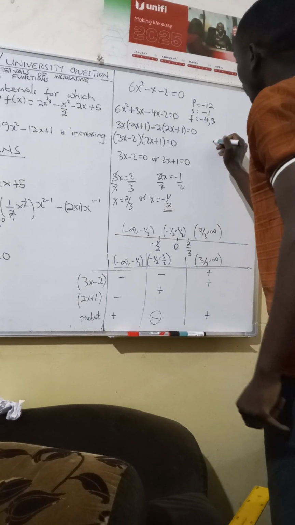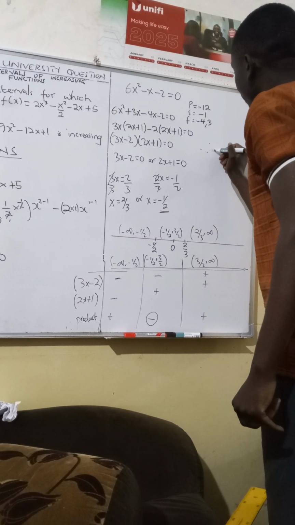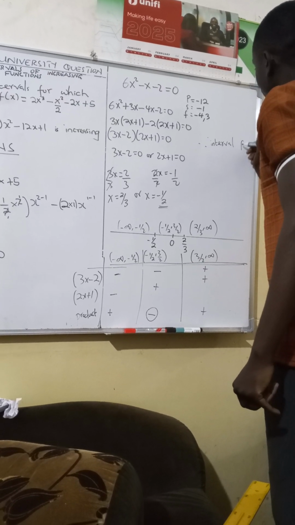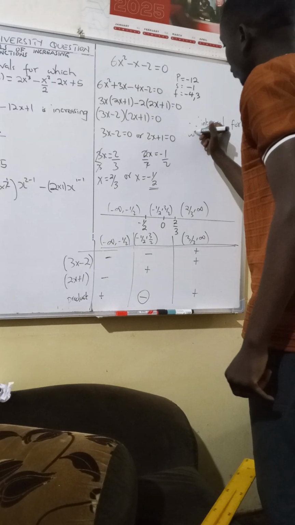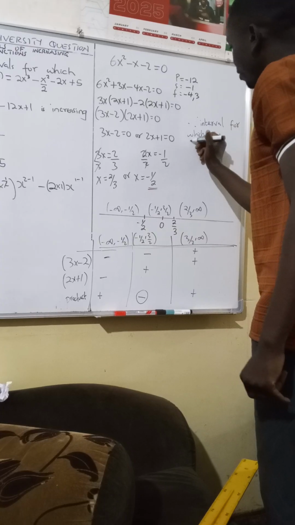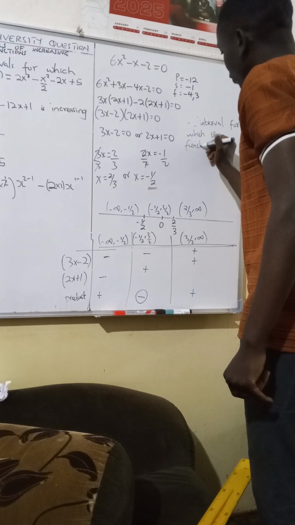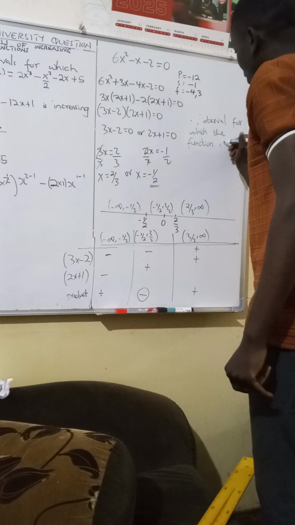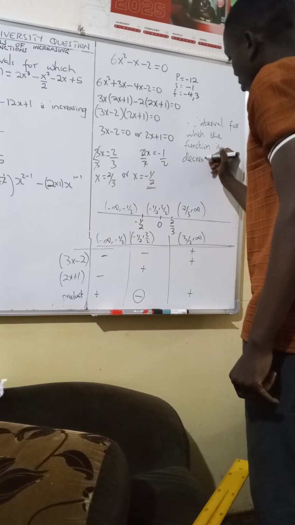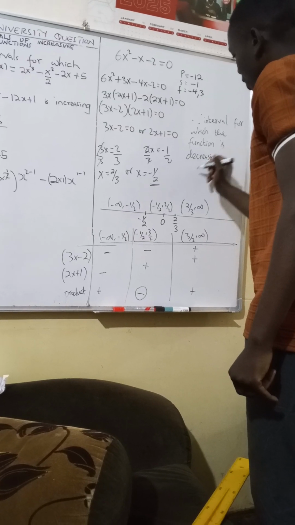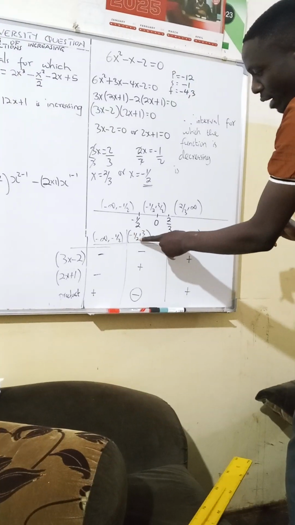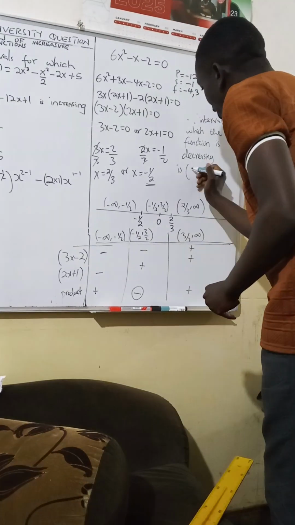Therefore, the range interval for which the function is decreasing is, where it is negative here, so it's from negative half to positive 3 over 2.